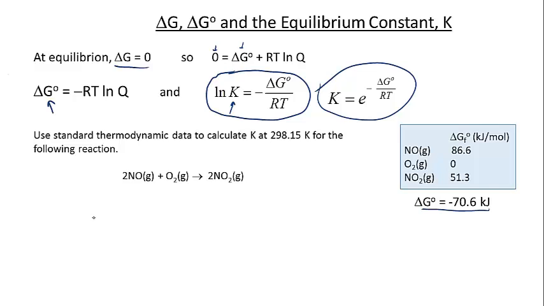So basically to find K is going to equal e to the minus 70.6 kilojoules divided by 8.314 times 10 to the minus 3 kilojoules per Kelvin times the temperature, which is going to be 298.15 Kelvin, and we just basically solve that.